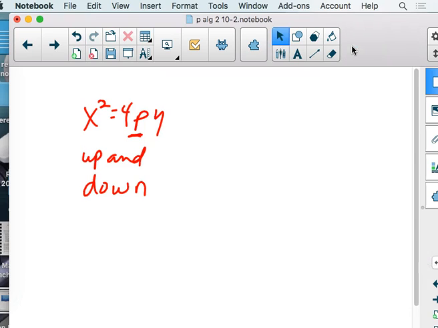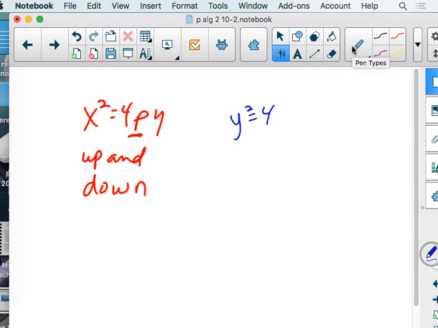And then y squared equals 4px are for our right and left opening. But our job is the same as it was for up and down. We need to figure out how far it is from the focus to the vertex. And then ask ourselves, hey, if it's going left, I better throw a negative in front of that.